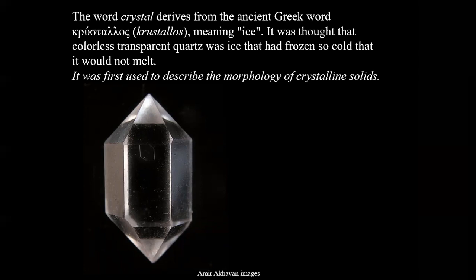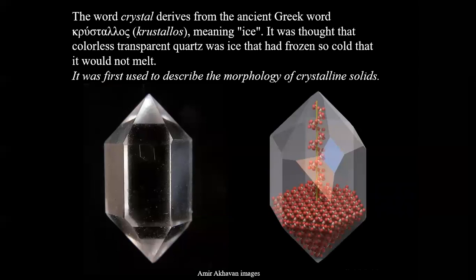Now today, and since the advent of X-ray crystallography in 1912, where we could start to see the internal arrangement of atoms within crystals, we have a new definition for what a crystal actually is. The external morphology is purely a reflection of the internal atomic order and is also the result of how crystals grow.